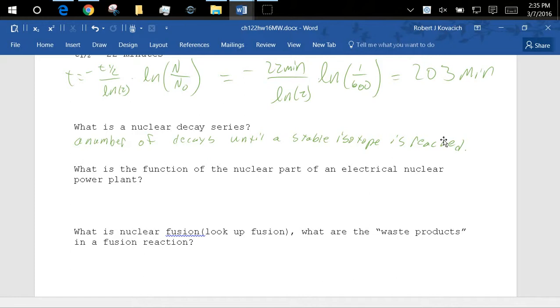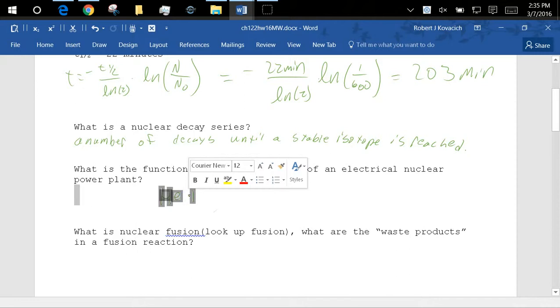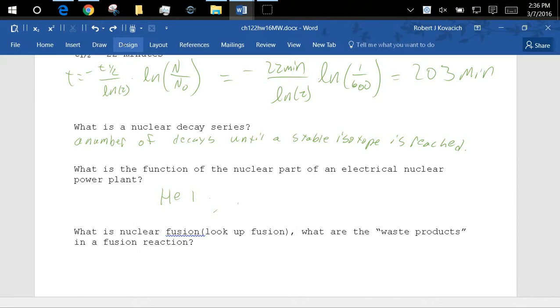What is the function of the nuclear part of an electrical nuclear power plant? To heat water. That's it. The nuclear part is just to heat. So in other electrical generating plants, what do they use?